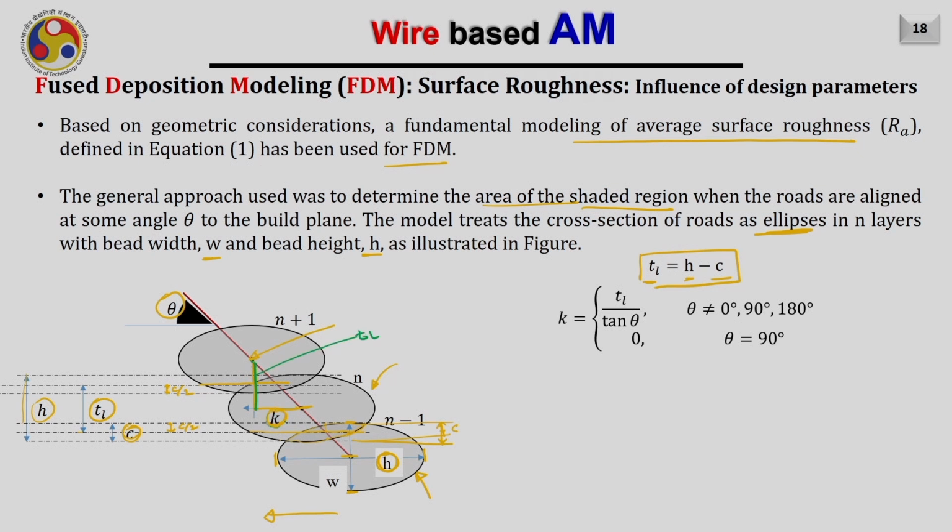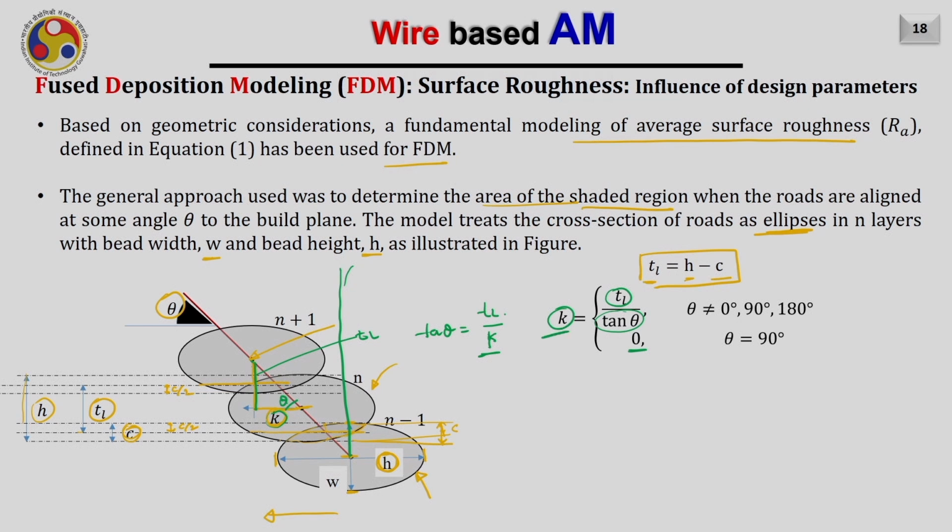If this angle is theta, the slant angle, tan theta equals TL divided by K, or K equals TL by tan theta. And of course, if theta is 90 degrees, this value of K will be 0, because in that case you are depositing just a vertical wall, right. In that case, this K will not be there.